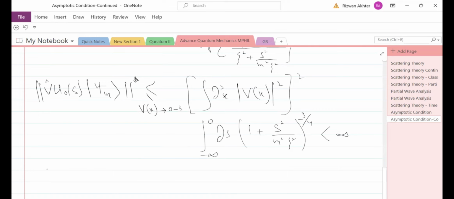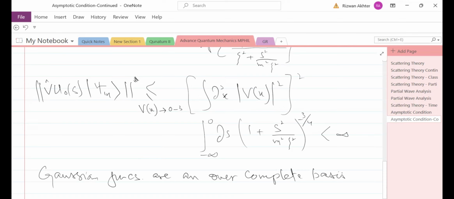So one could say that Gaussian functions are an overcomplete basis, and that complete basis is represented by the projection operator.